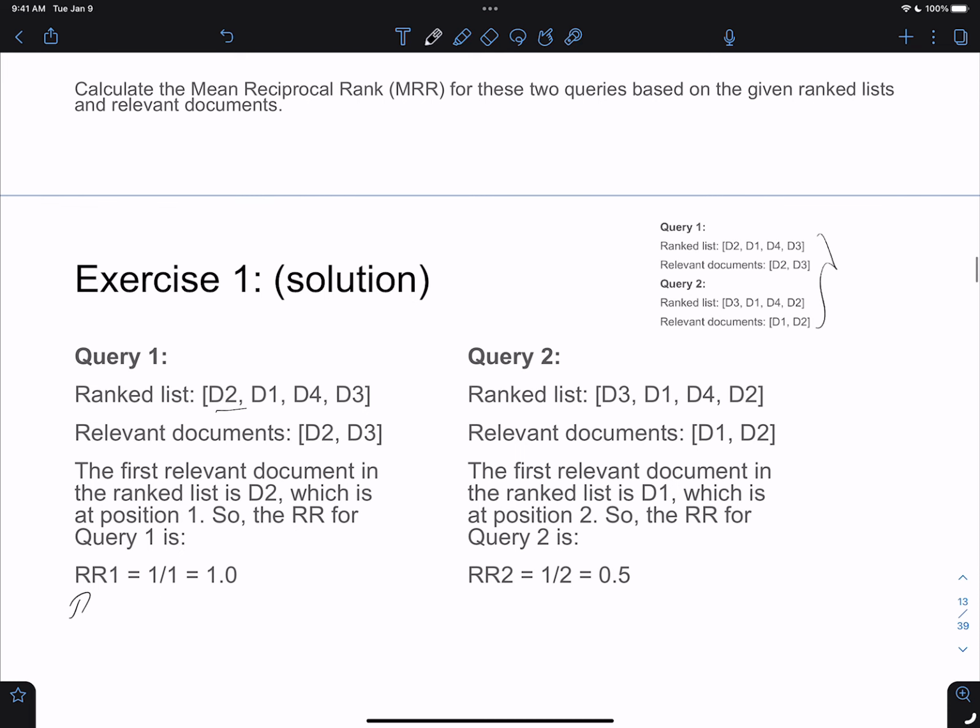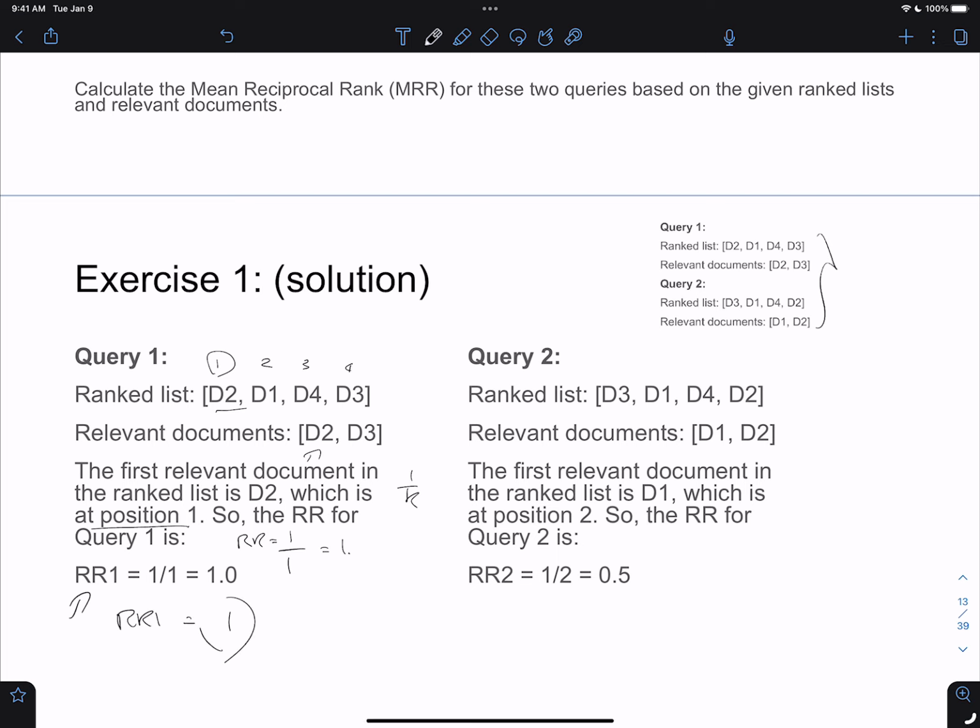The first relevant document in the ranked list is D2, which is at position 1. So the RR is 1 over K, which is 1 over 1, which is 1. So the RR for query 1 is just 1.